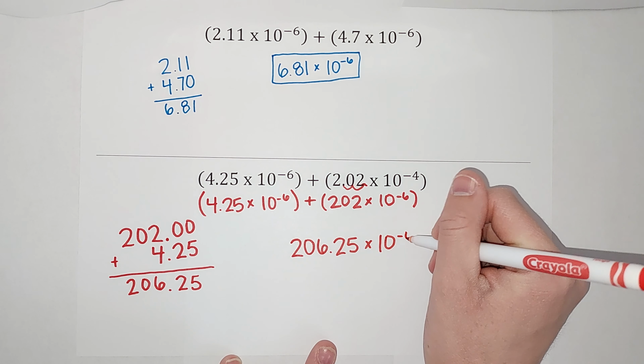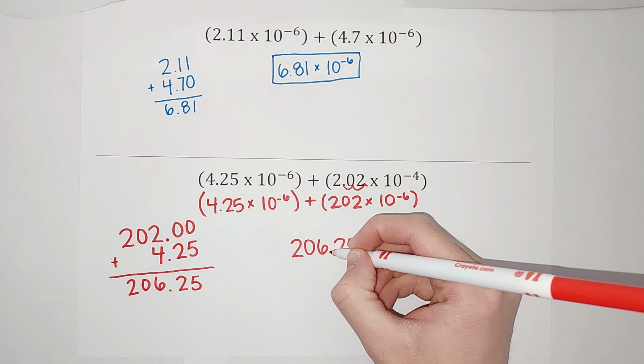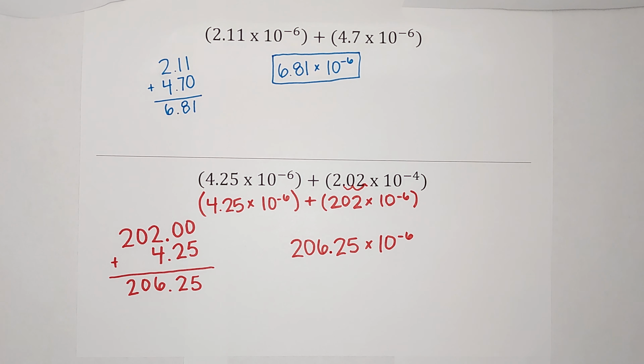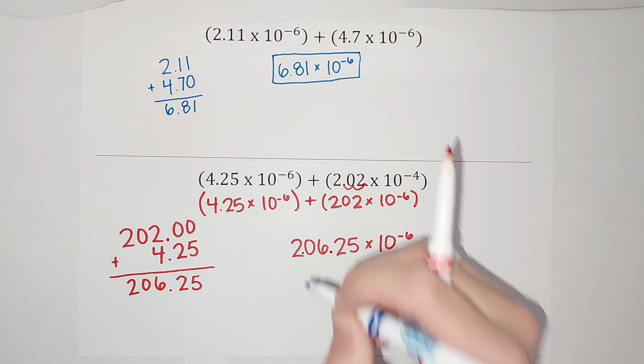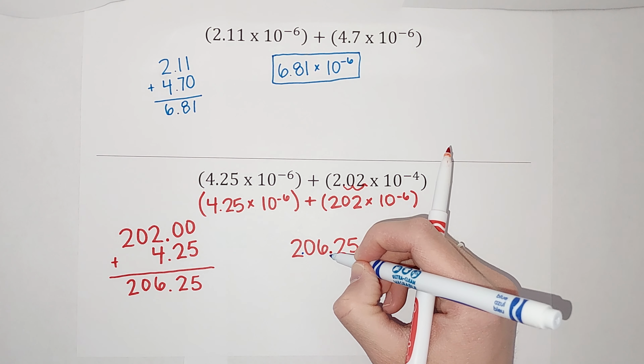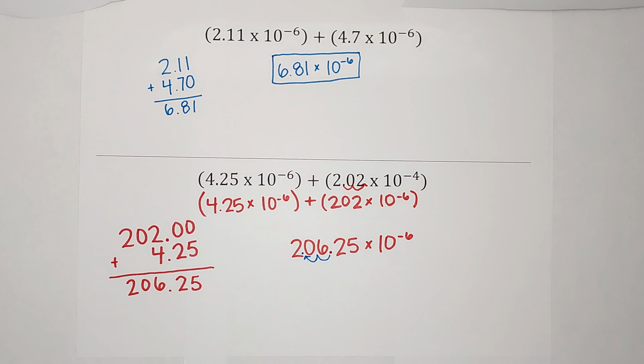Okay, but we are not quite done. We are very close, but not quite. To truly be in scientific notation, I want my decimal point to just have one number in front of it, right? Right now we have 3 numbers in front of it, okay? So again, we want to convert this. So if I want my decimal point right here instead, that means I want to move it to the left. Well, since this is a really small number, when I'm moving to the left, I'm getting closer to that small number, right?